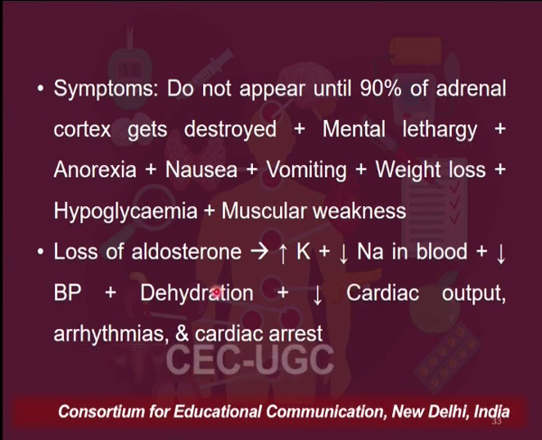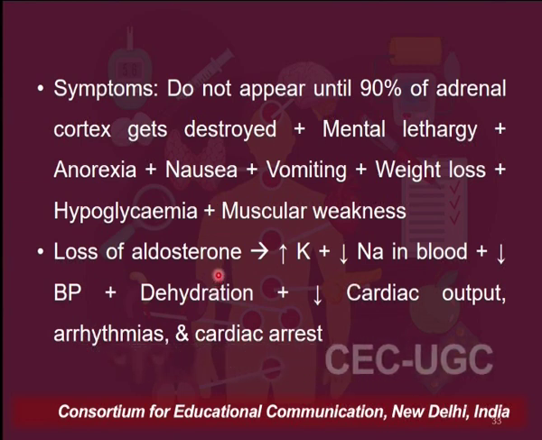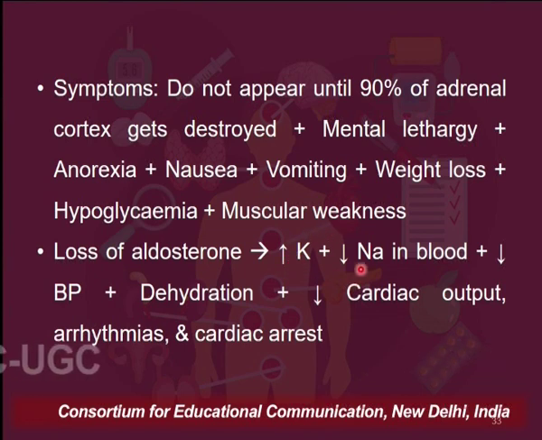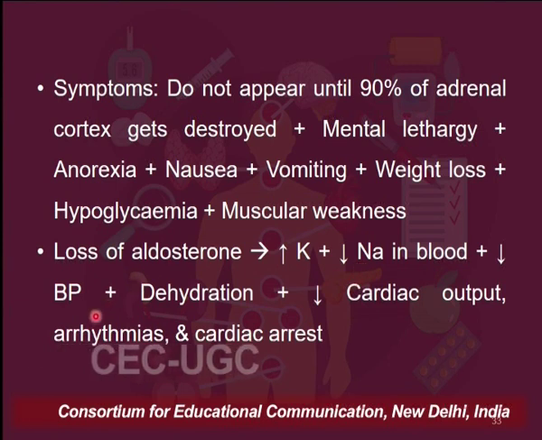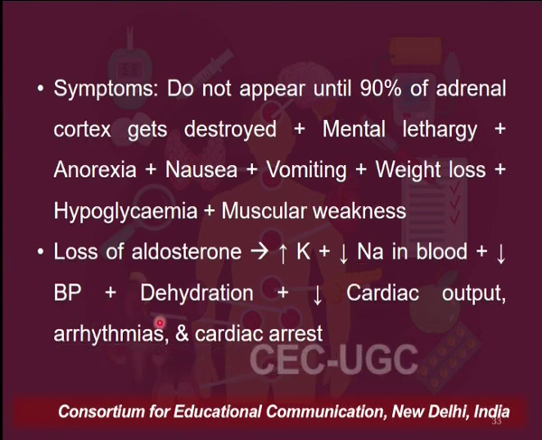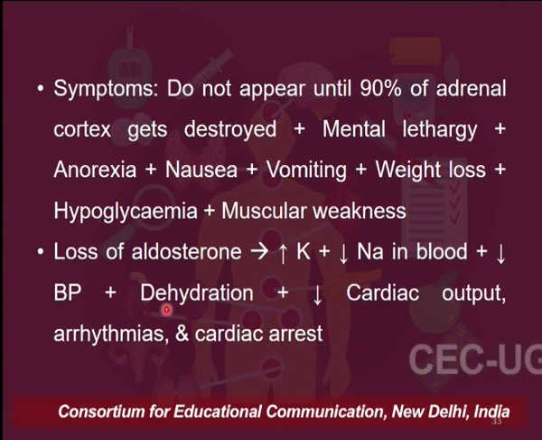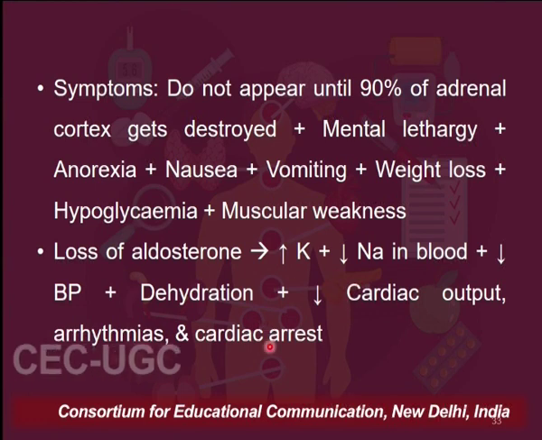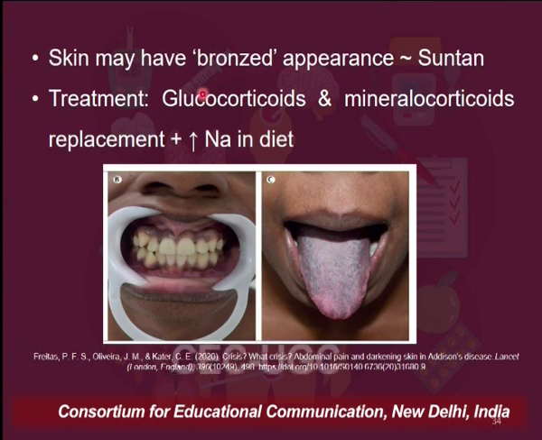Because there is no or less mineralocorticoid, there will be increased levels of potassium but decreased levels of sodium in the blood, because of which their blood pressure will be low. Dehydration is generally observed in these patients, with decreased cardiac output, arrhythmia, and hence cardiac arrests. Also, their skin appears bronzed, just like a suntan.